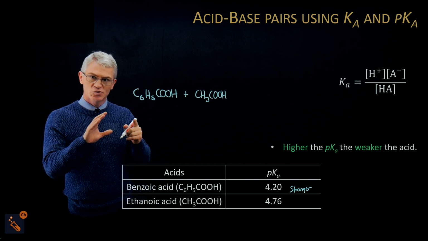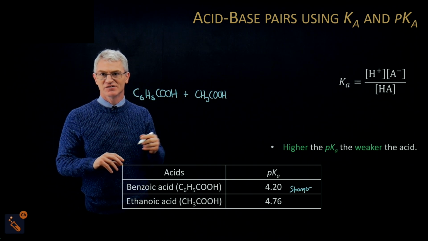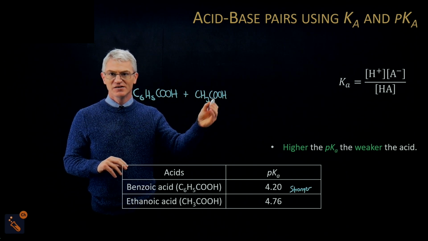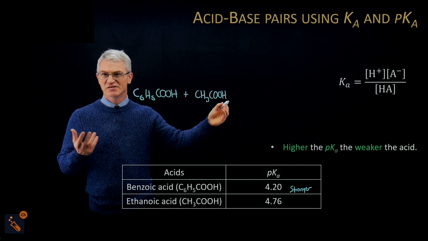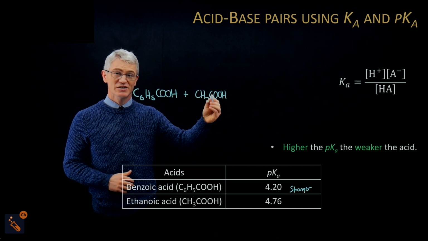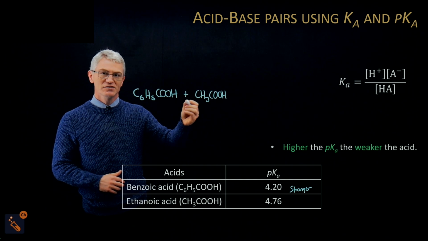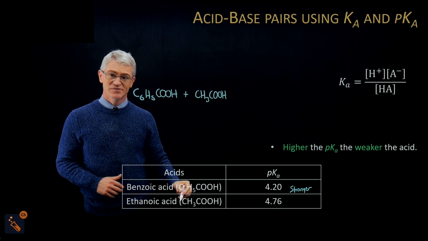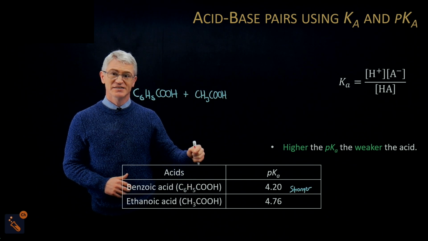Now, really important, the proton goes on anything that's electronegative. So you don't put the proton on here. You can see here we've got H on an O, also it will go on there, it makes sense. You normally put it on something that's electronegative and also usually where there's an H already, so an OH or an NH or anything like that. So that means the ethanoic acid is going to act as a base and the benzoic acid is going to act like an acid.